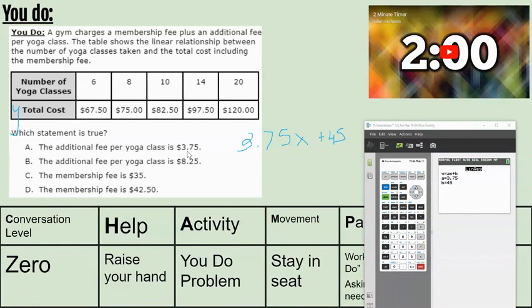Okay, and that is going to be our correct answer. Because that's the only number that's correct. It's actually $45 to start the membership fee. And that's the only one I could see that would confuse you.